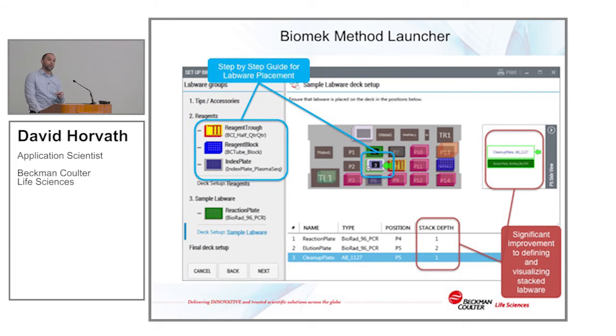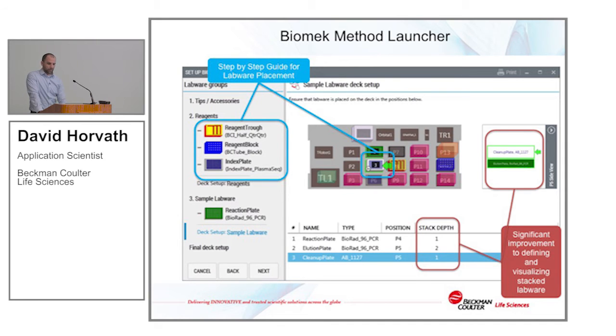That can be done within Biomek software before you execute the run, but not at the actual instrument prompt when the method is started. So this takes that instrument setup process and completely overhauls it, and allows complete flexibility for the person developing the method to define how labware gets placed on the deck.